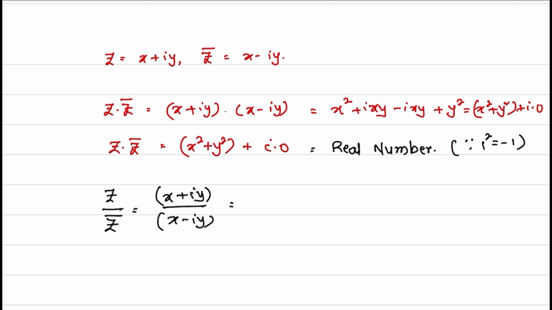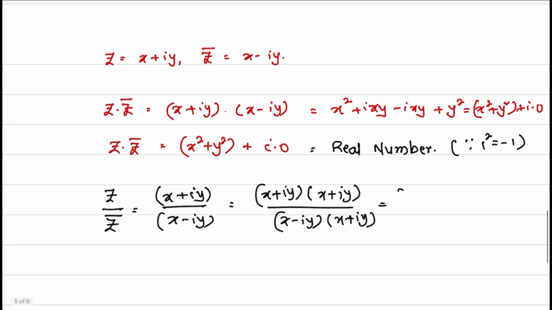Let us multiply both numerator and denominator by x plus iy. This is x plus iy into x plus iy whole divided by x minus iy into x plus iy.